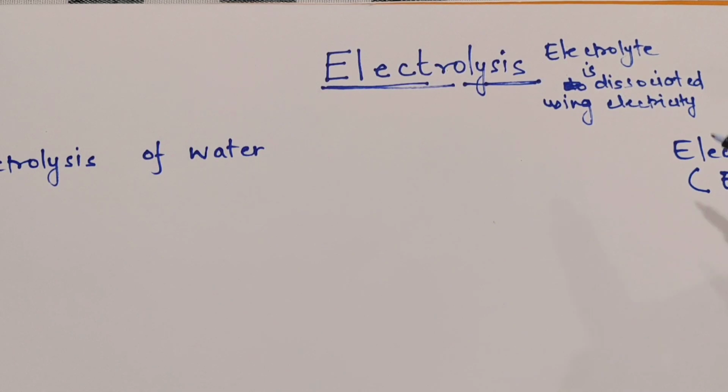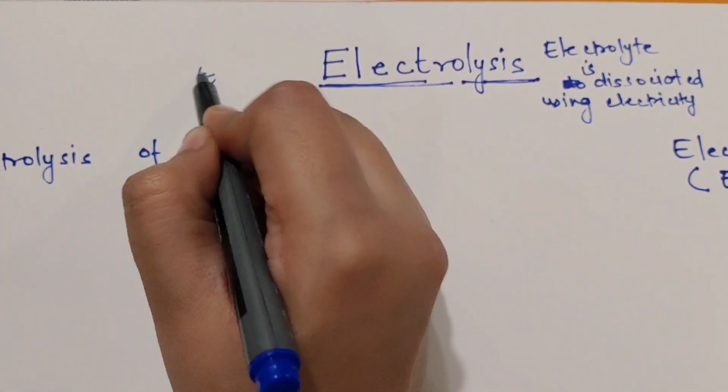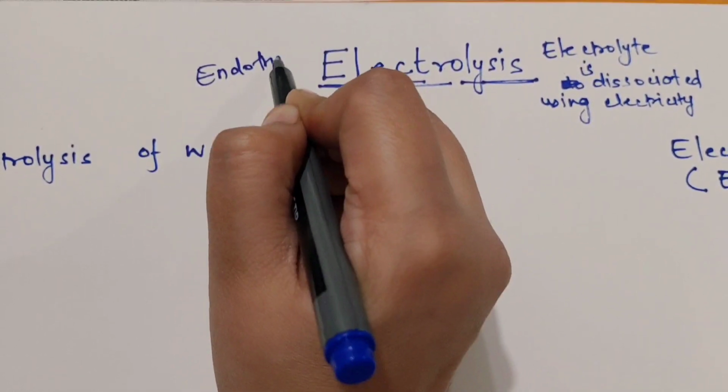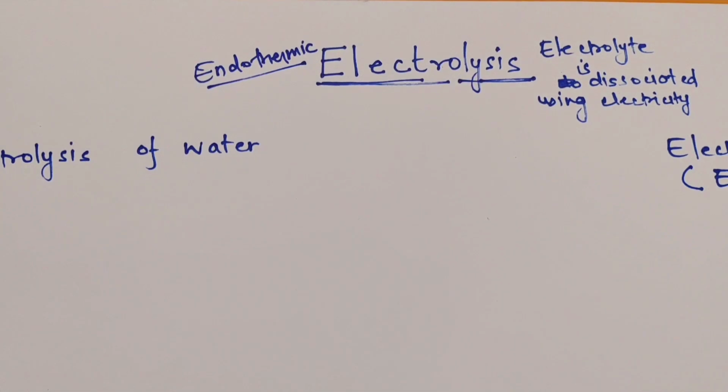And these reactions which are happening, the dissociation of electrolyte does not happen on its own. It's a non-spontaneous reaction. Non-spontaneous means it doesn't happen on its own. It needs some input of energy. So all the electrolysis are endothermic reactions. Endothermic means input of energy is required.